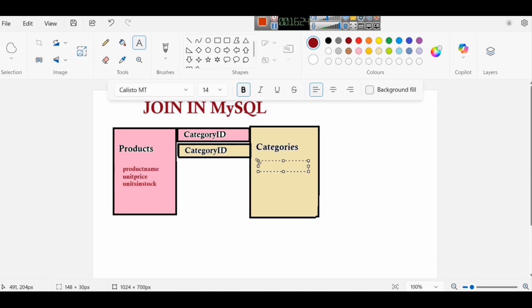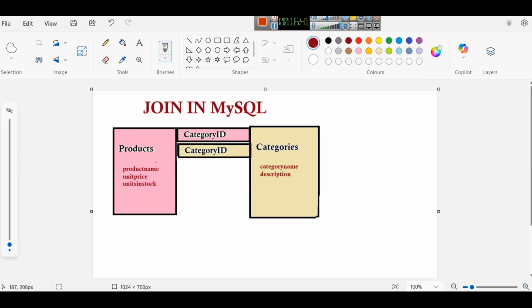And categories has what? Category name and description. So we will join them. And once we have that, we can select anything. For example, we can select product name from here, category name from here.